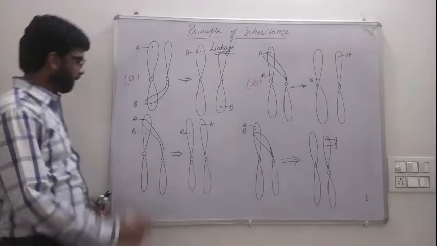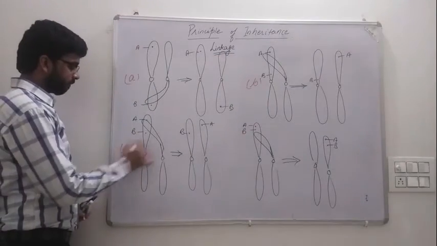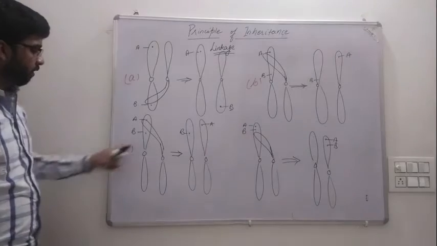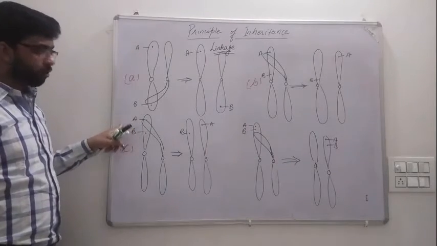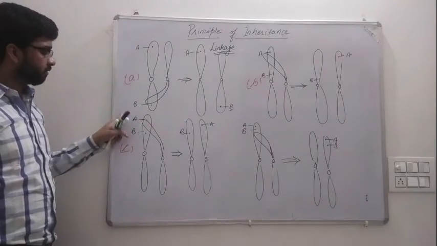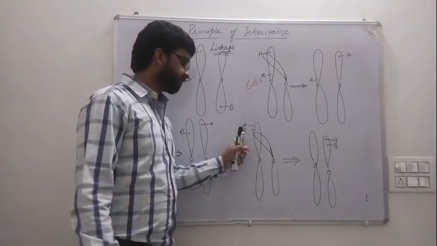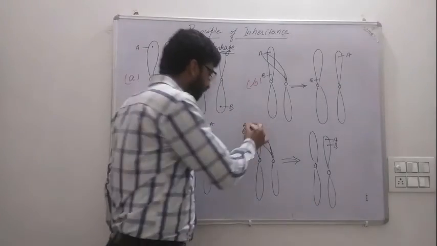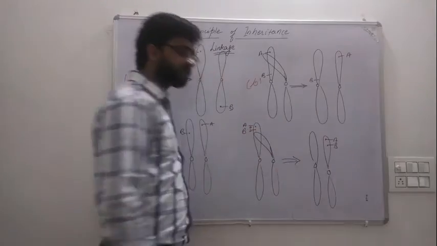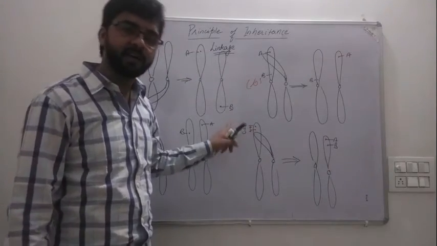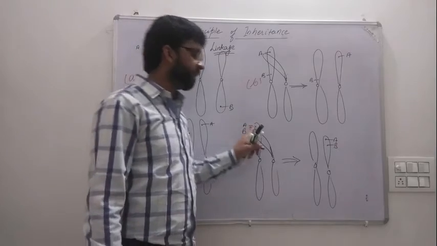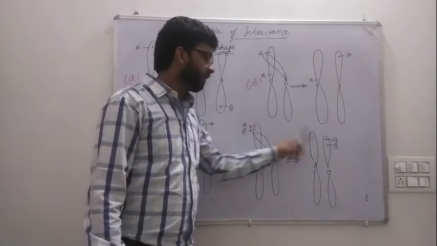There's a C. In this case also crossing over is done and both genes separate out. But in this case genes are closely related and the distance between the two genes is very small. That's why they never get separated this time.